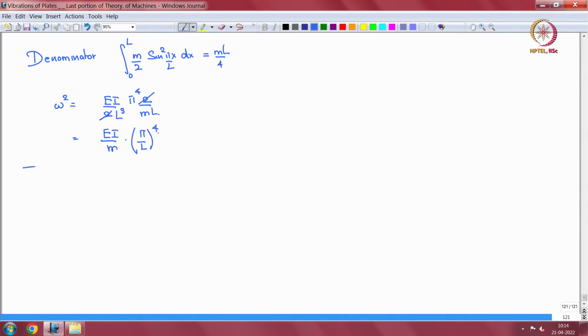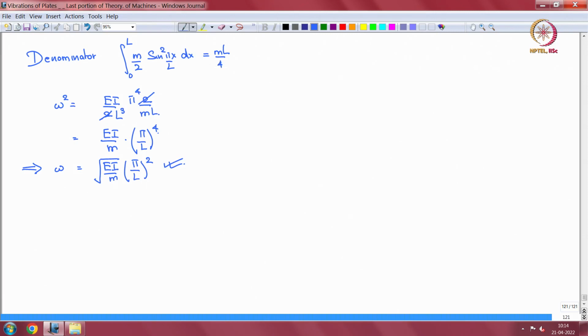That implies the natural frequency omega is the square root of E I by m times (pi by L) square. This is known to us, the first natural frequency of a simply supported beam, and we got it by substituting the exact mode shape.